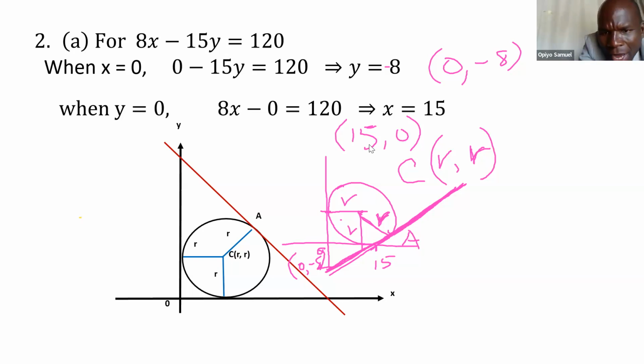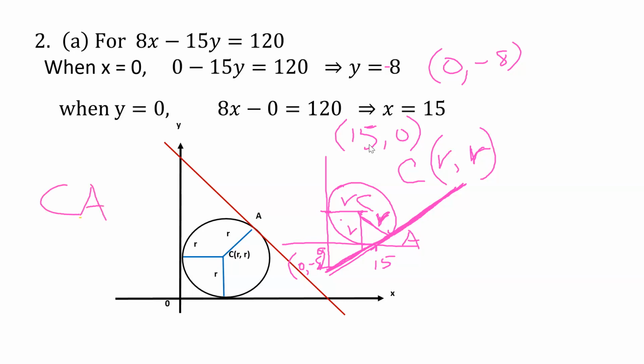Now we need to get r. We can get the distance from the center C until point A. So CA. Remember, A is on the line, so the coordinates of A must satisfy the equation of the line.